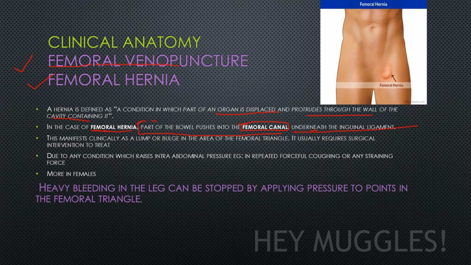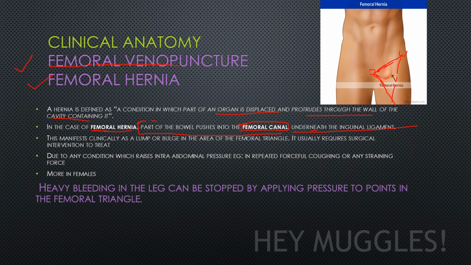So you can see in this picture, here lies your inguinal ligament. This is your pubic tubercle. This is your anterior superior iliac spine, and this is your medial border of adductor longus. This is your sartorius somewhere here, and this is your inguinal ligament.